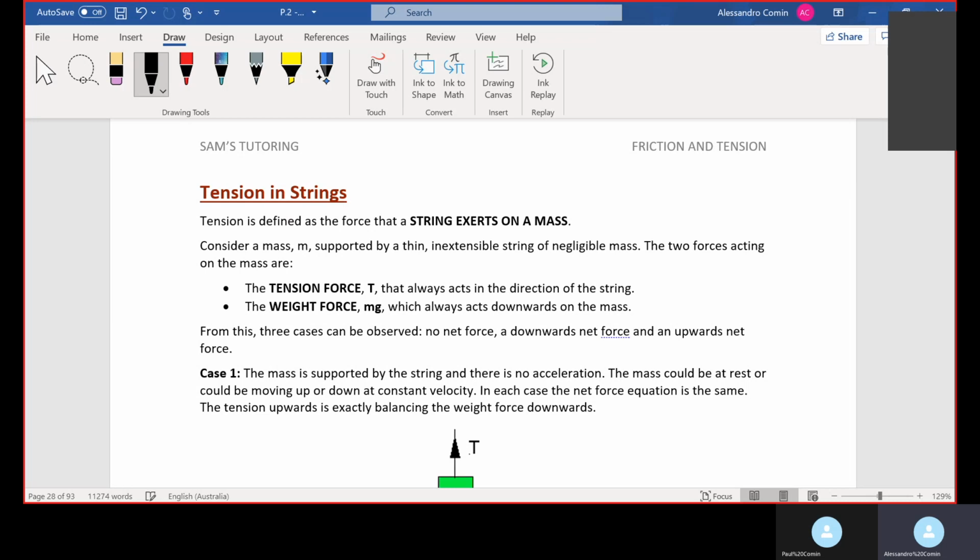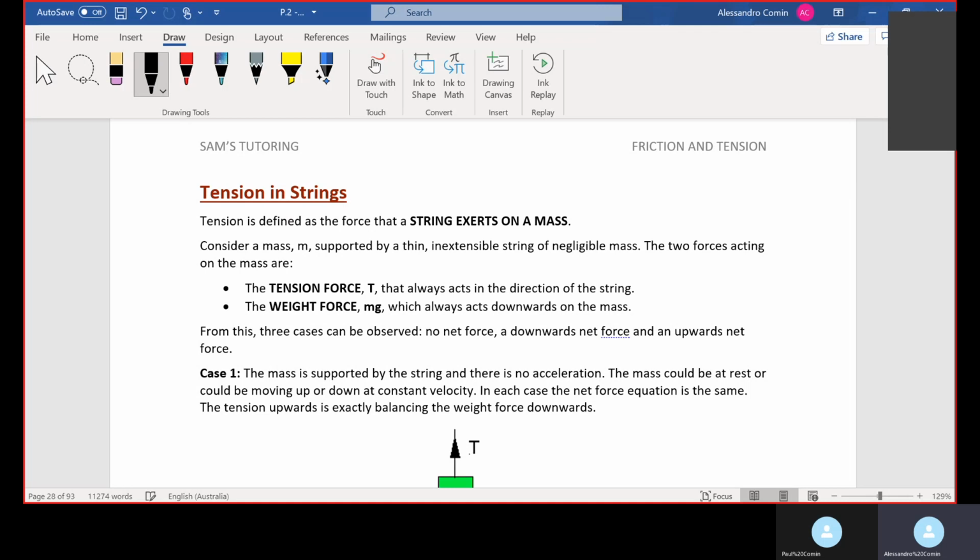And friction is equal to mu N, where N is the normal force and mu is the coefficient of friction, which is a measure of the roughness of the surface between an object and the surface. Also note there's 2 types of friction, static friction and dynamic friction. Static friction is the friction that must be overcome for an object to not be stationary, and then dynamic friction is the friction that opposes an object when it's moving.